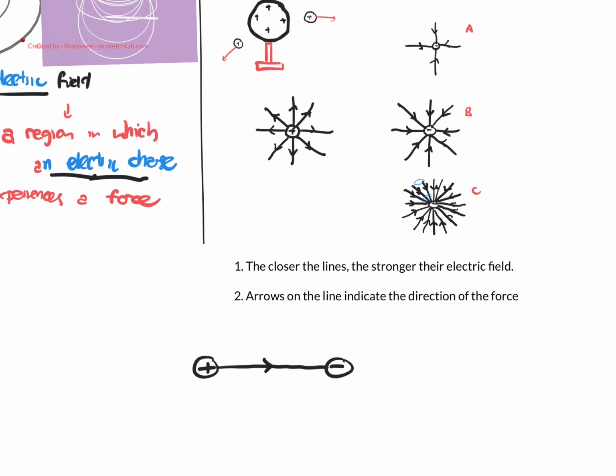Now, if I were to put the electric charge here, it will push out this way, correct? But around here, it would be attracted to the negative charge, going this way, isn't it? So there will be something that looks like this on both sides. Take note that as I draw it, I will try to be as symmetrical as possible from the top to the bottom. Now, here's the thing.